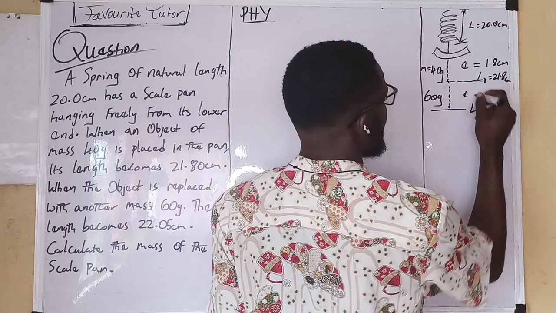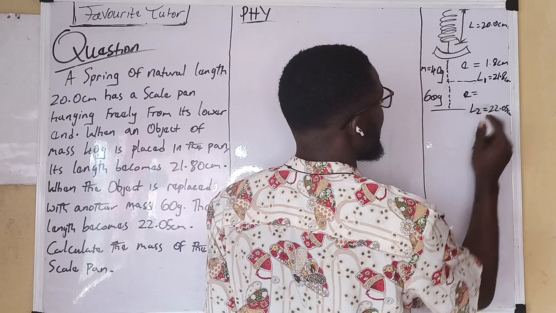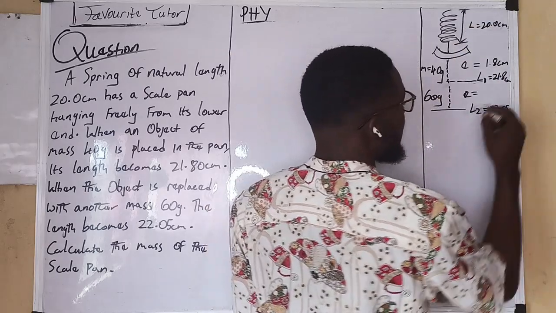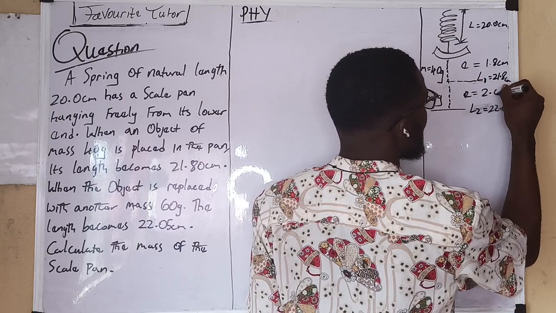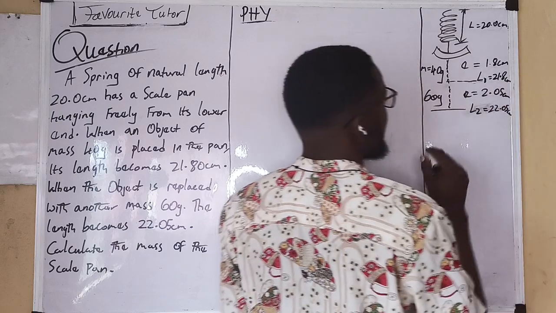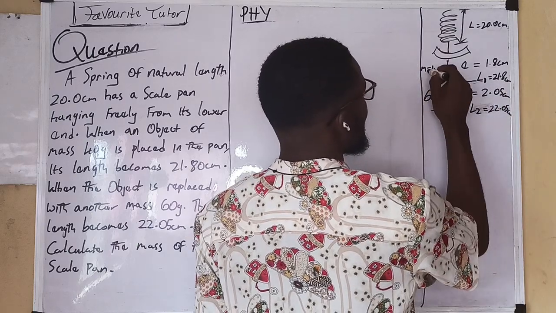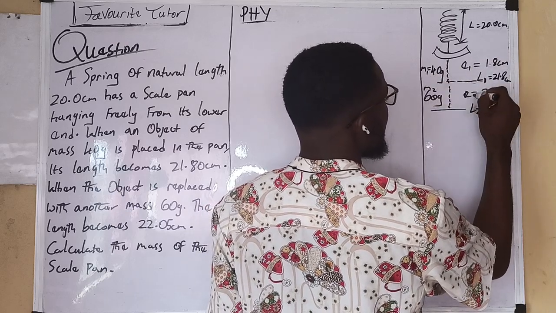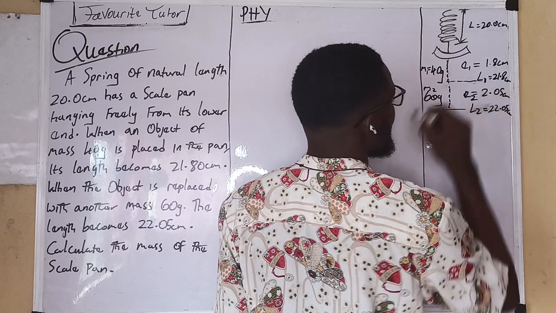So what is the extension? The extension is the new length minus the original length, which is 2.05 centimeter. So we call this mass 1, extension 1, mass 2, extension 2.